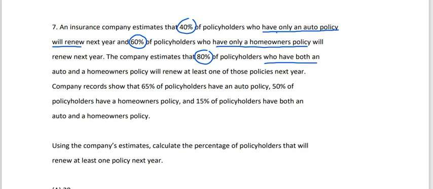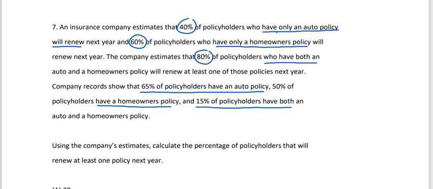Okay, so now let's see. How many have the auto insurance policy? This is 65%. 50% have home insurance, and 15% have both.